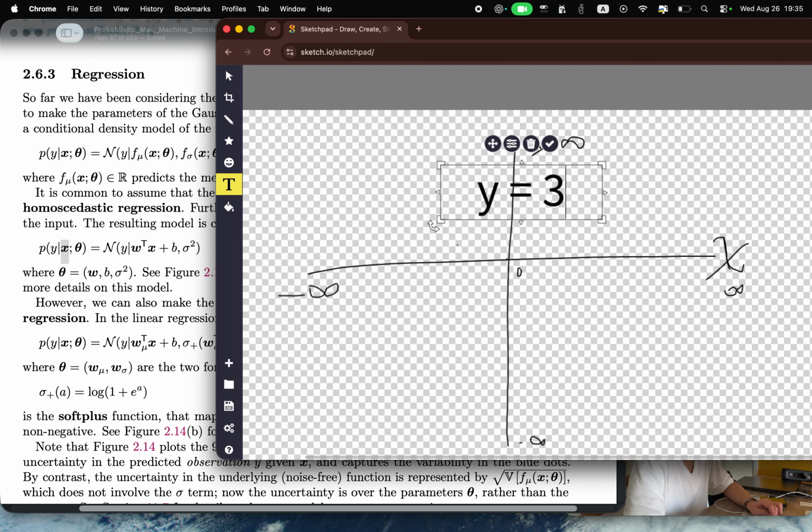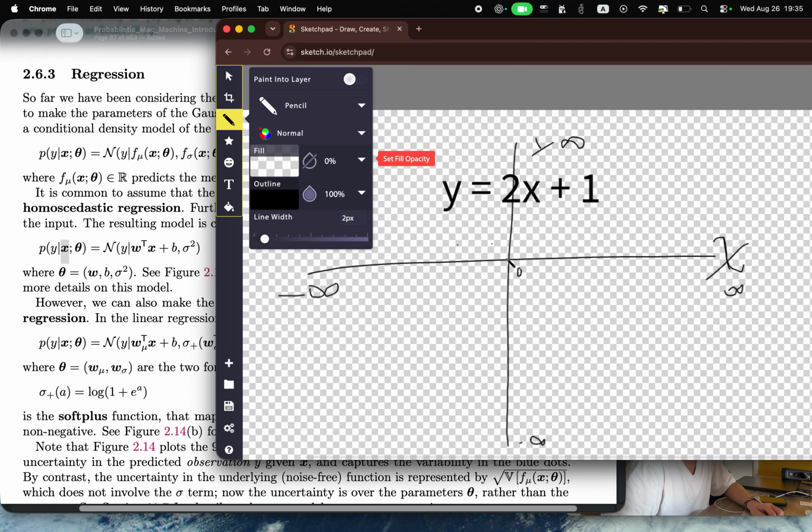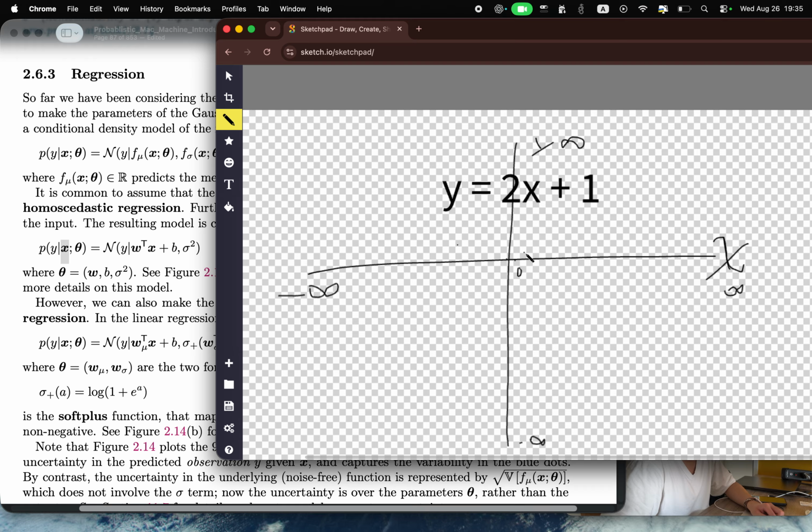So if I describe again, y equals 2x plus 1. This is essentially to say when x is here, the y is here, and then you take 1 x and it goes to 2 y, x again, 2 y, x again, 2 y here. So the distribution goes like this. And this is the y equals 2x plus 1 function.